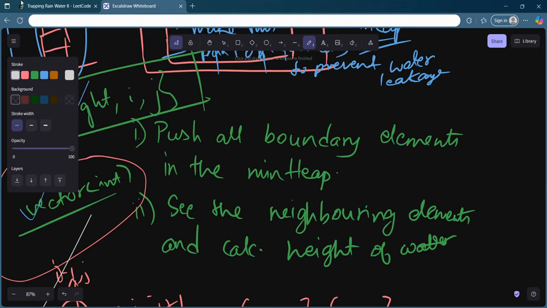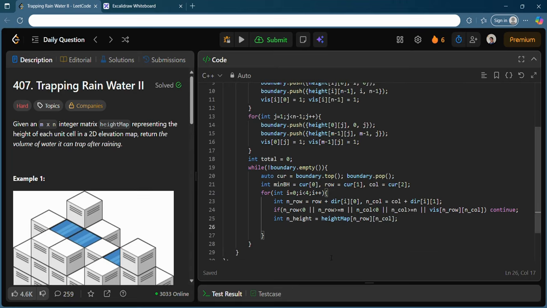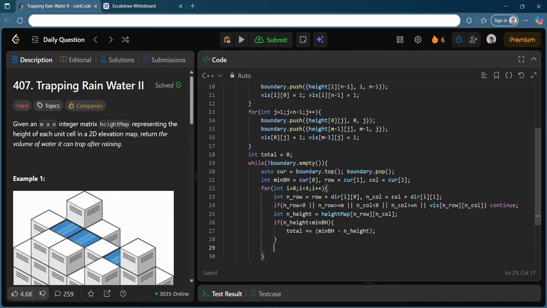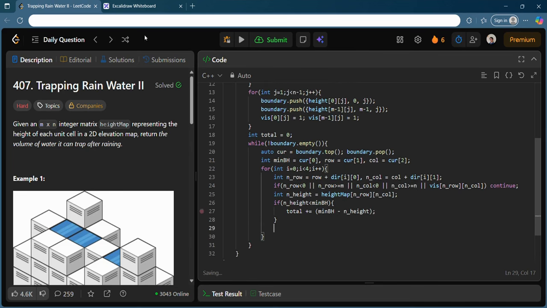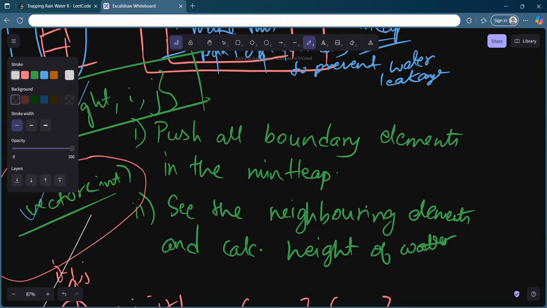You will see that if my neighbor height is less than the minimum boundary height, then I can store some water, right? How much water can I store? I can store this minimum boundary height minus this neighbor height. So yeah, that's what I can store.